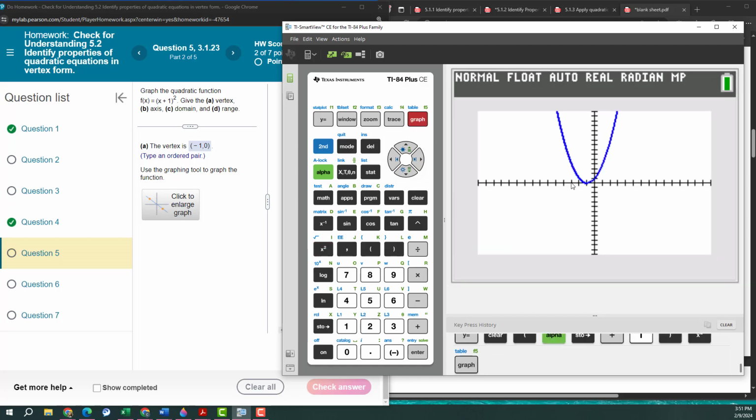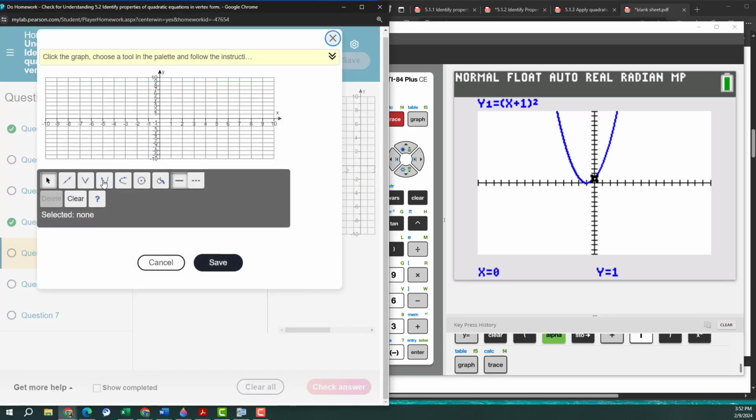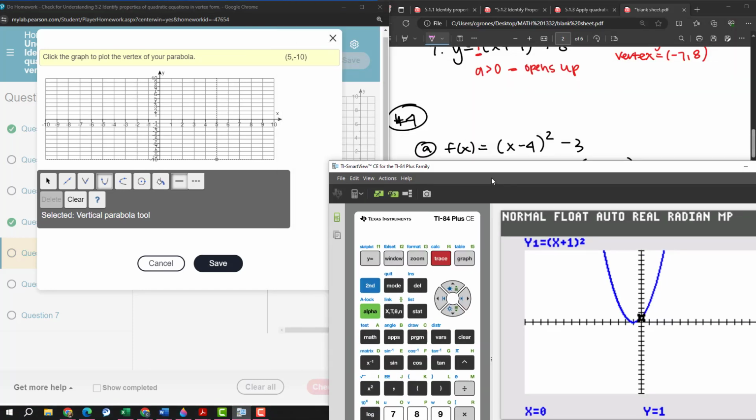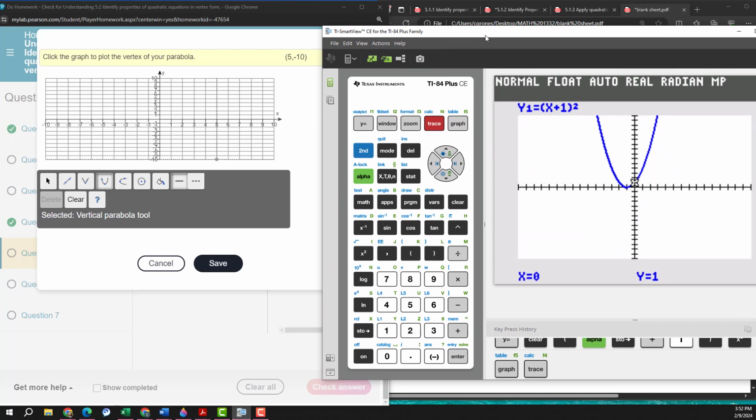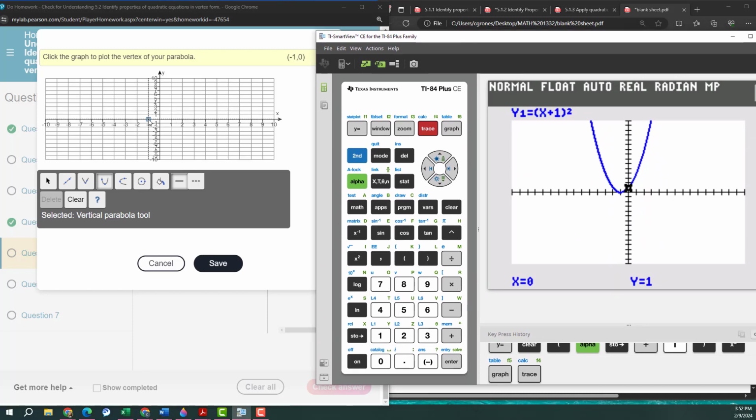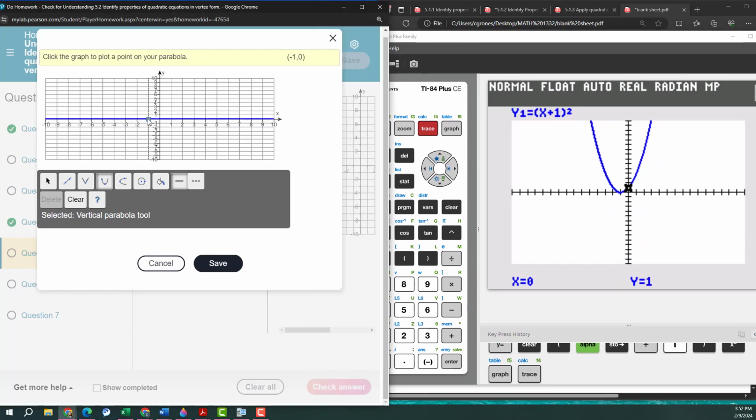Graph. All right, so I'm going to click trace. So we'll use x equals 0 and y equals 1 to graph. So I'm going to click on our graph. We know we have our parabola, and I know that our vertex is at -1, 0. So I'm going to do x equals -1, y equals 0.